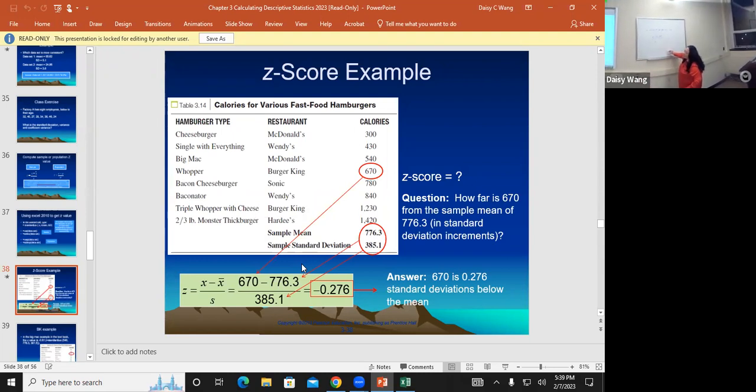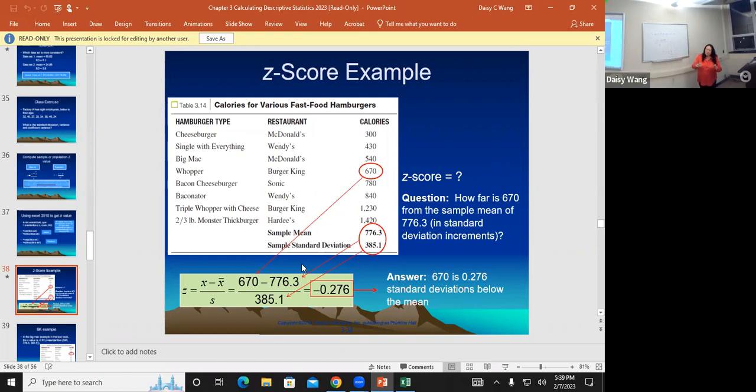So if we draw this, this would be 776.3, the average, and then this would be 670. But if we move it to the standard normal distribution table, this will be z equal to 0, and then this will be z equal to negative 0.276.